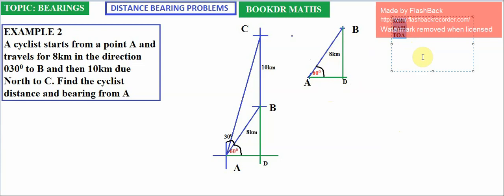So I am going to label my adjacent and my opposite with variables x and y. So let's put them there. Let's call the adjacent x for the meantime, and call the opposite y.